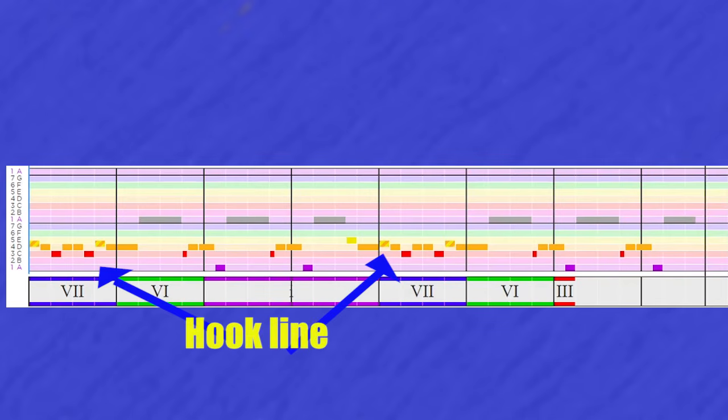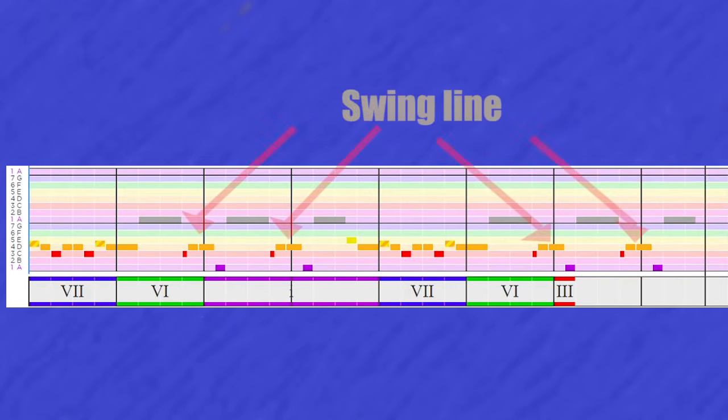In The Weeknd's Can't Feel My Face, we see the same idea but in reverse. He uses a sawtooth for the hook and an arch-shaped melody for the swing line. The sawtooth's distinctive shape also makes it perfect as a movable motif.